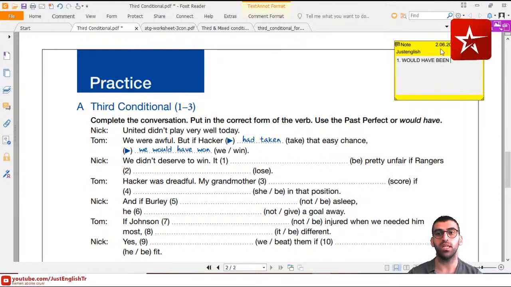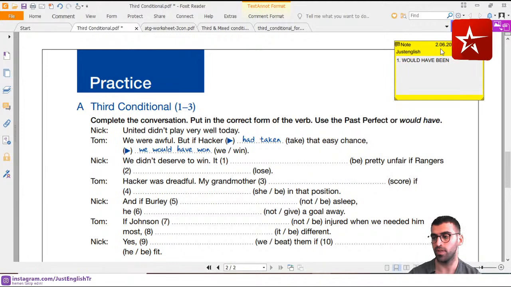It would have been pretty unfair if Rangers had lost. Gul Safa, your answer is not correct because you forgot have.